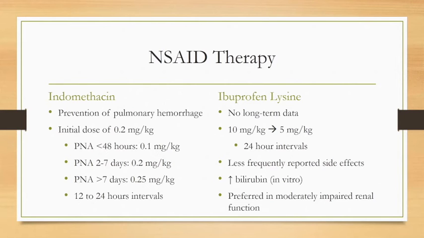And for ibuprofen lysine, as I mentioned, there was no long-term data. It starts with a 10 milligram per kilogram dosage, and then is followed by a 5 milligram per kilogram dose, at a 24-hour interval. It does have less frequently reported side effects and has been shown to have some increased bilirubin in vitro, and it is preferred in moderately impaired renal function.